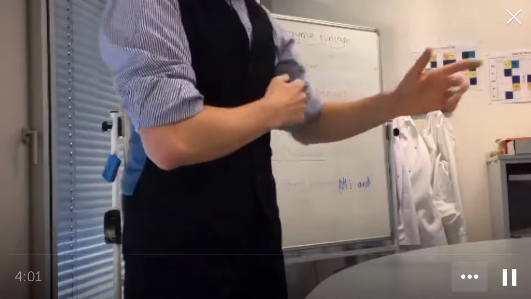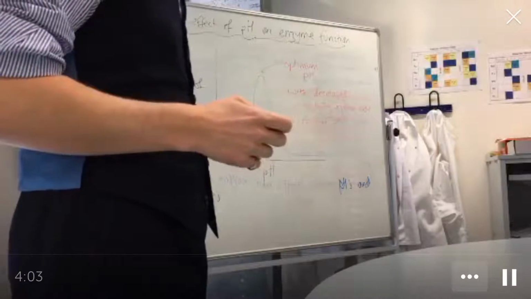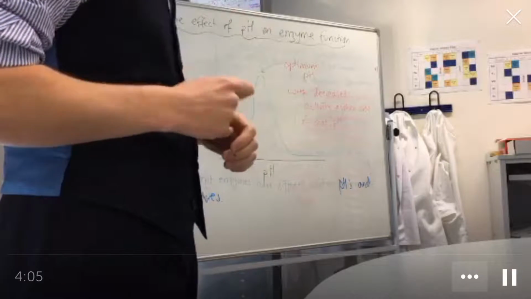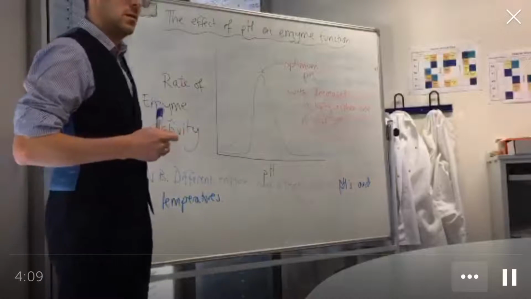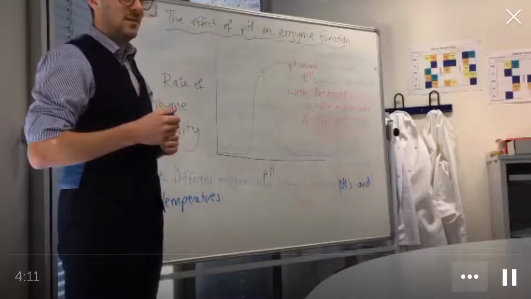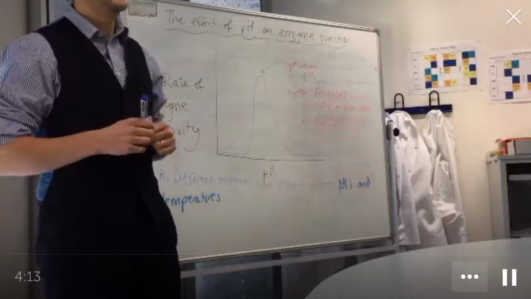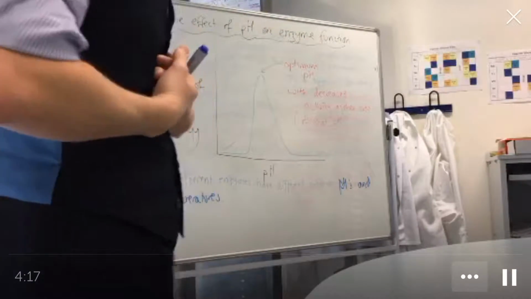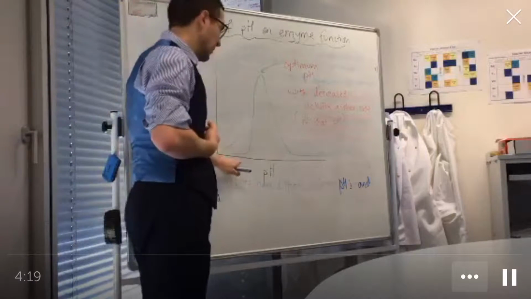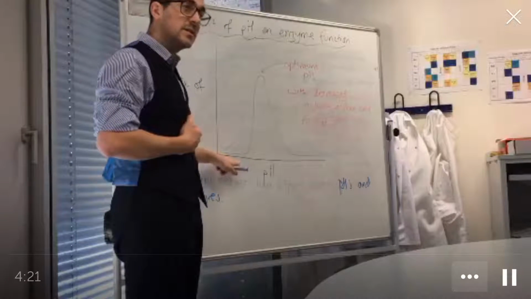What different pHs do you have in the human body? Do you know? I assume that there's a different pH inside your stomach and inside your organs than outside of them. Yeah, so your stomach has a pH of around 2. Very, very acidic.